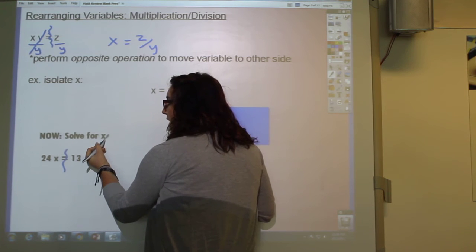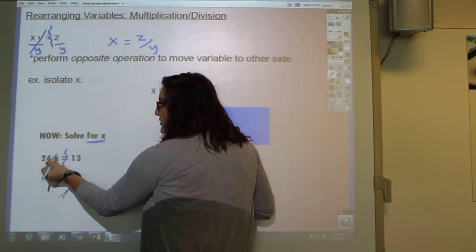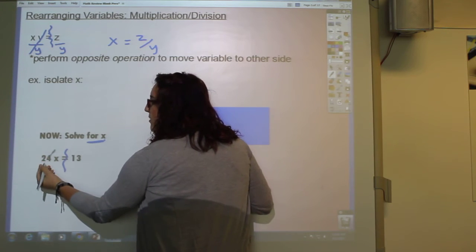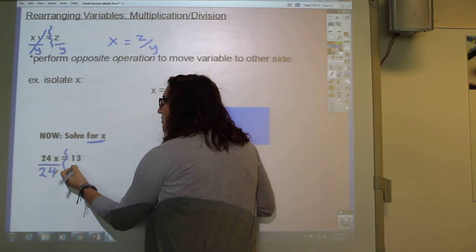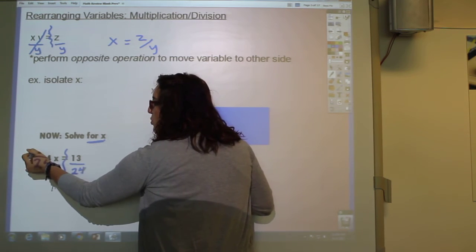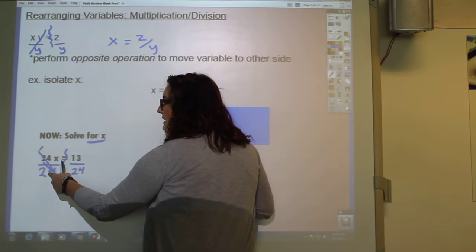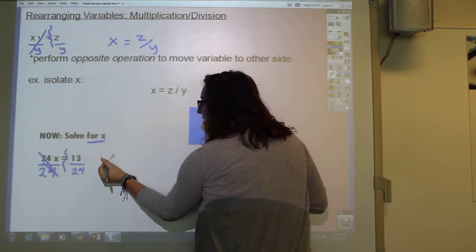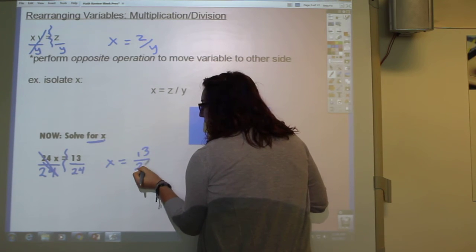But we're looking for x, so that means we want to keep x on this side. So x is not the thing we're moving, the 24 is the thing we're moving. So we're going to divide by 24 on this side. If we do that on the left, we have to do that on the right. Divide by 24. Our 24s cancel because we have 24 divided by 24 on the left side, and then we will just have x. X equals 13 over 24.